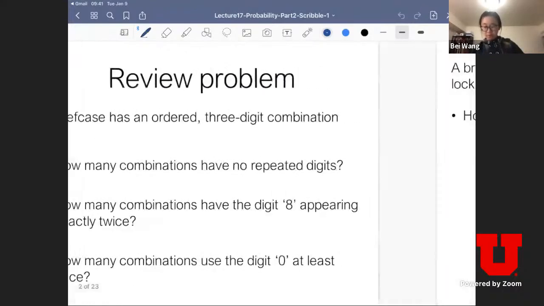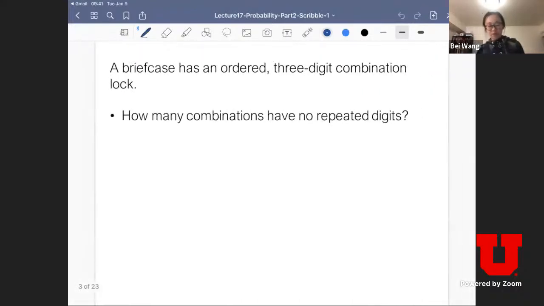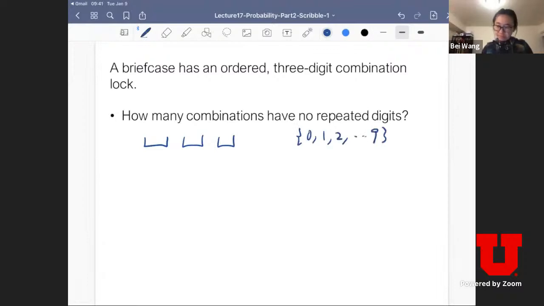So let's look at the first part. How many combinations have no repeated digits? Imagine I have a lock. It has 3 digits, and each of the digits goes from 0 to 9. If I'm thinking about having no repeated digits, what does that mean?